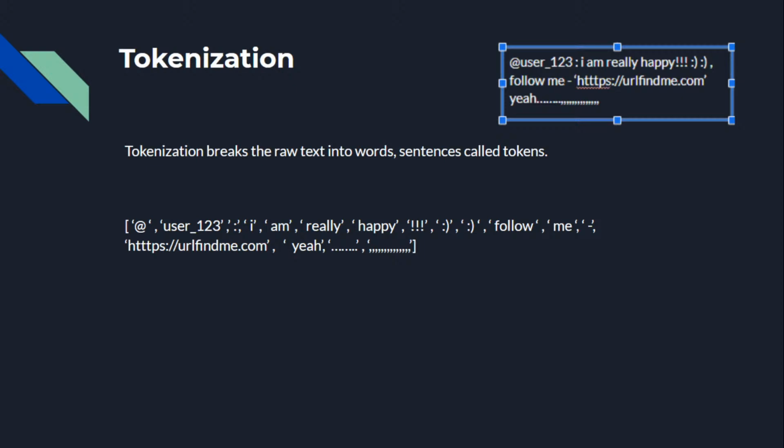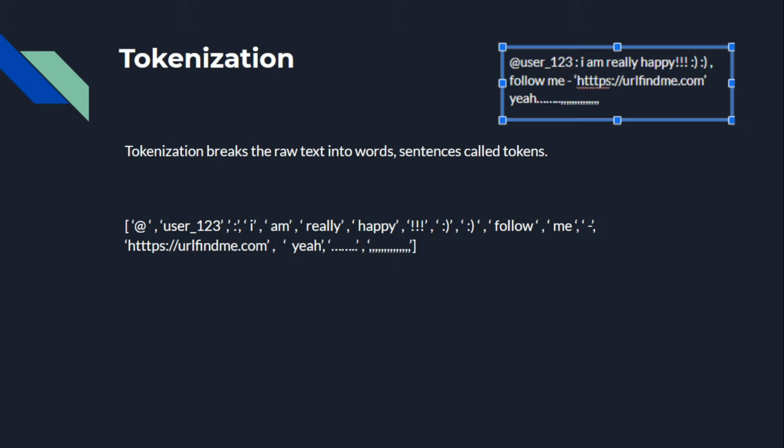Let's consider the same example, where we have this user, this tweet: @user123, I am really happy, and some emojis. What we are going to do is tokenization.